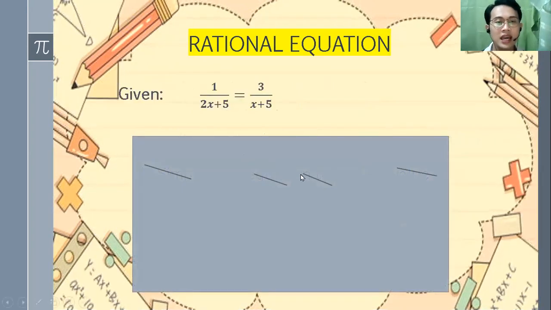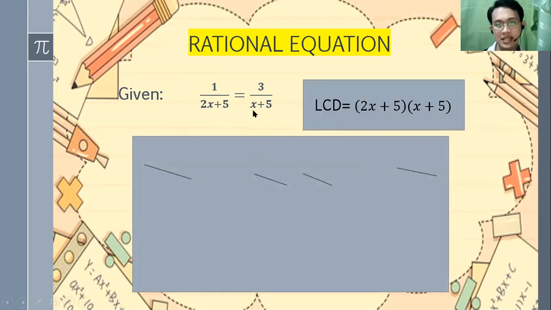Okay, let's have an example here. Given 1 over 2x plus 5 is equal to 3 over x plus 5. So we are solving a rational equation. How do we solve a rational equation?